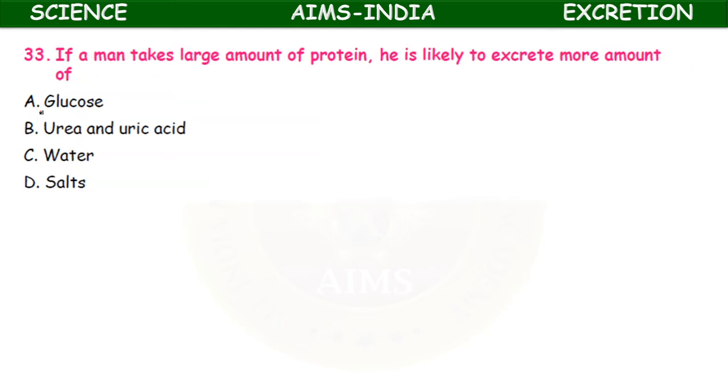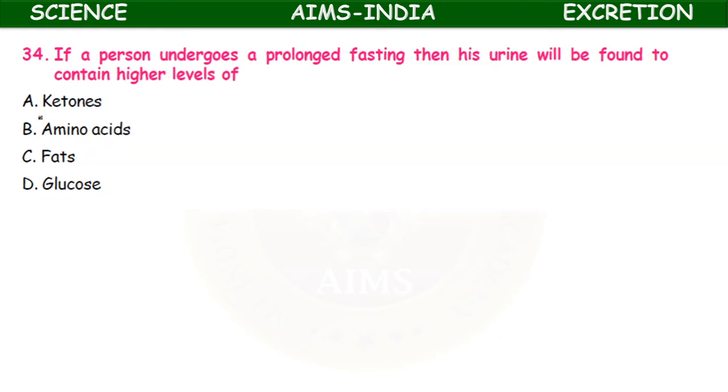If a man takes a large amount of protein, he is likely to excrete more amount of glucose, urea and uric acid, water, salts. Urea and uric acid. If a person undergoes prolonged fasting, then his urine will be found to contain higher levels of ketones, amino acids, fats, glucose.